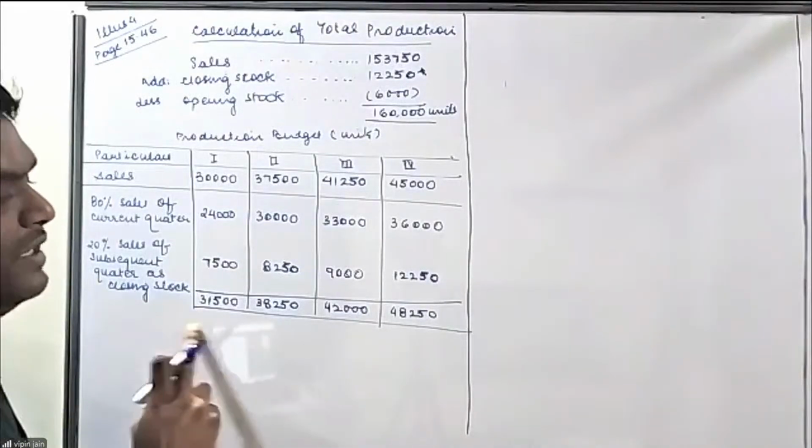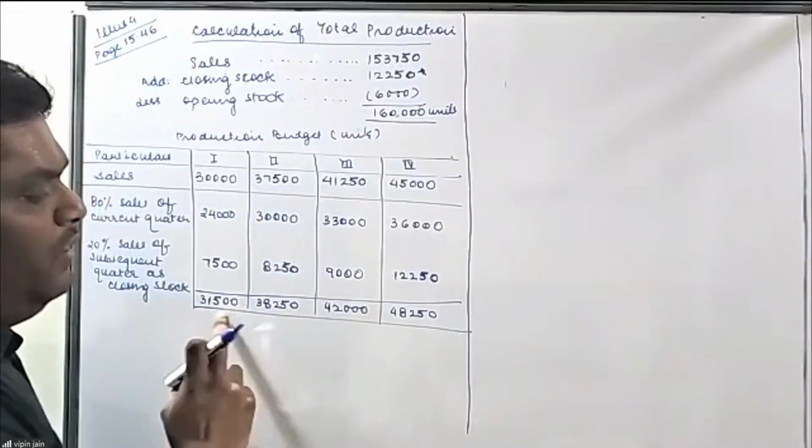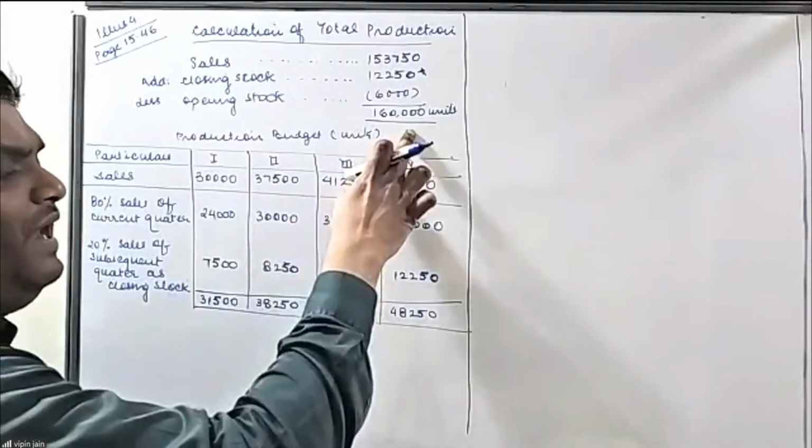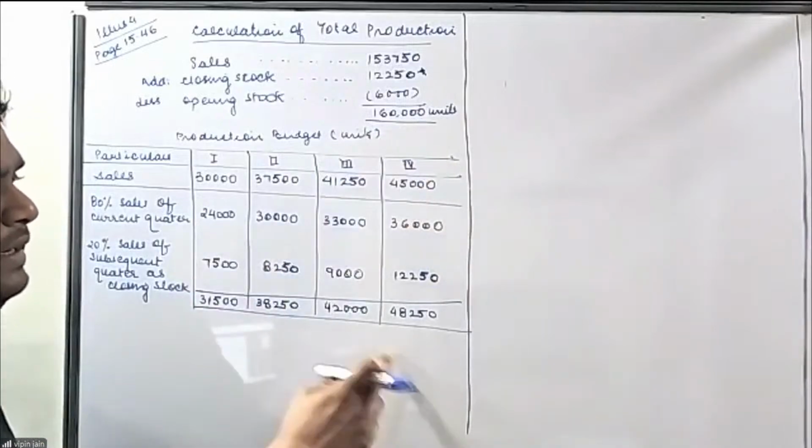So my total production of all four quarters will be 1,60,000. You can just cross tally it.